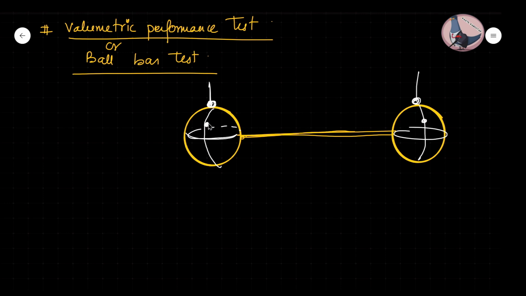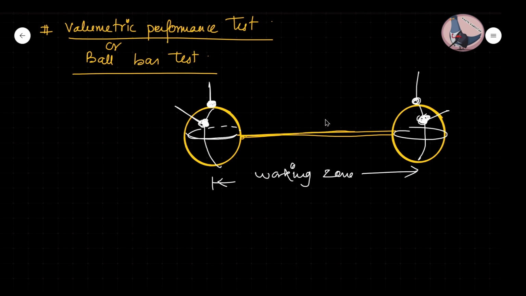At this point, suppose one measurement is taken, then you take one here, then you take one here. So there is some uncalibrated length, and in various specified positions within the working zone, you are taking the measurements.